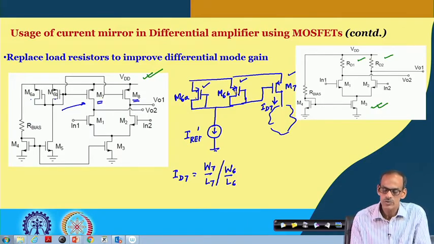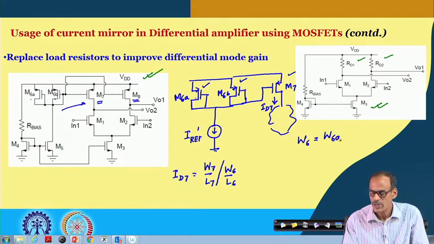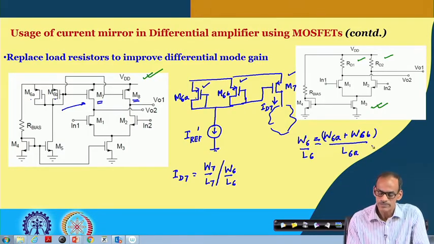Now, since these two transistors are identical, we may say that W6 is essentially the summation of the two W's, W A plus W B. So, W6 divided by L6 is essentially the summation of these two W's divided by the corresponding L, and L is the same, either L A or L B, and this is getting multiplied by I reference dashed.